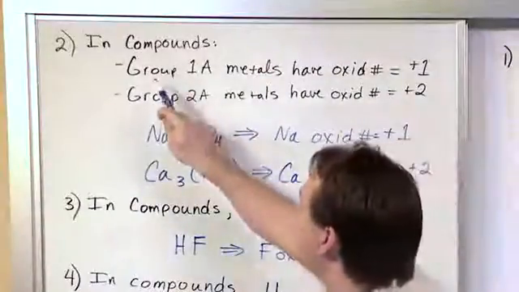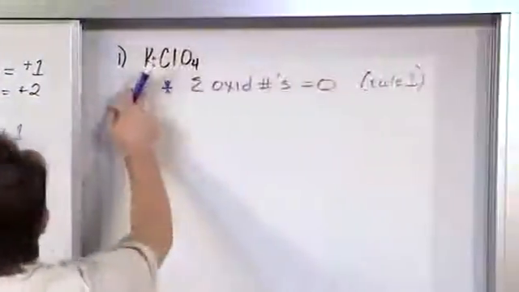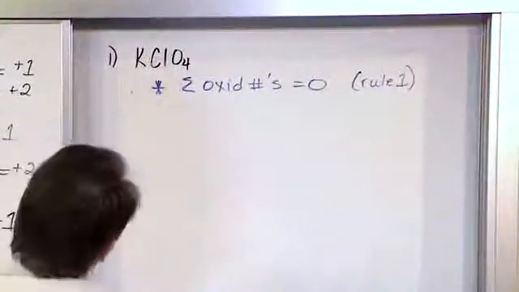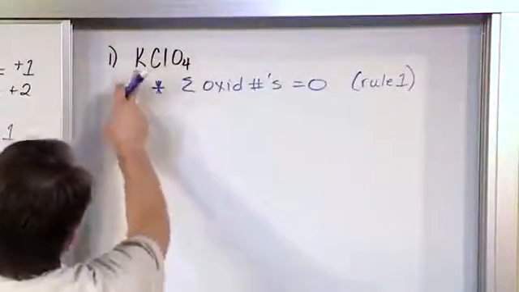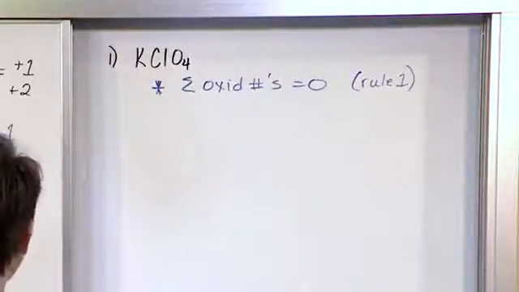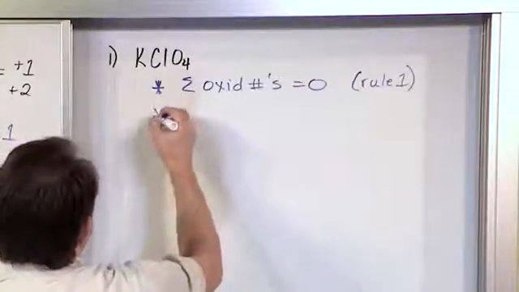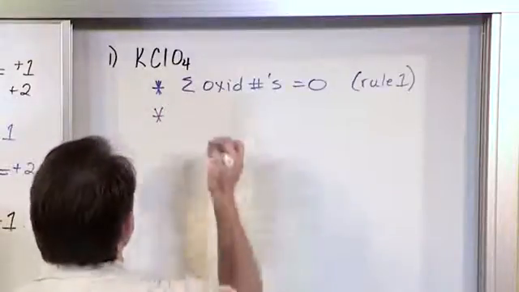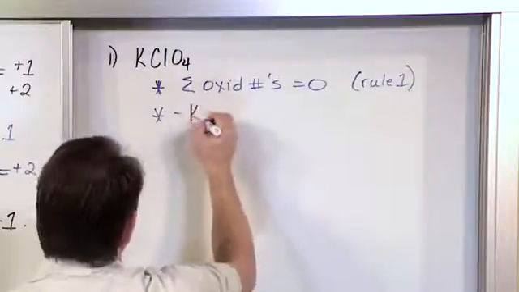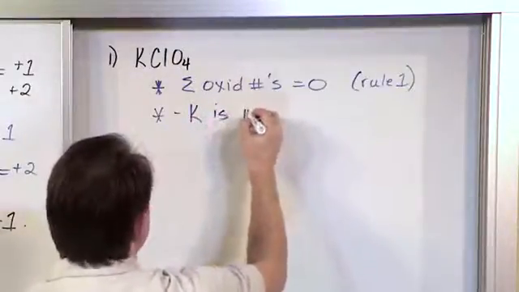It says in compounds group 1A metals have oxidation number +1. What we have here is this guy, and he is in column number 1, so it is a group 1A metal. So I'm going to put an asterisk here and say that for potassium, K, the oxidation number is +1.